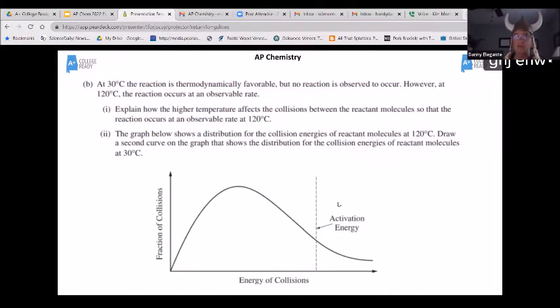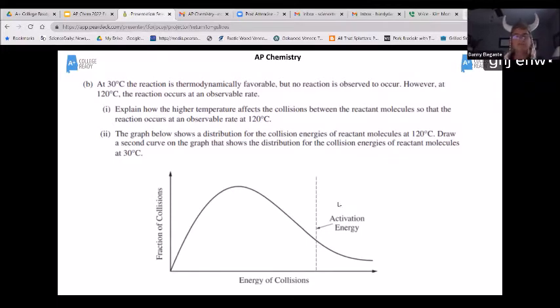So if you can get to the activation energy, thermodynamically favorable, nature says, yes, I want this to happen. It should happen, right? At 30 degrees, it's favorable, but you don't see it. At 120 degrees, the reaction occurs at an observable rate. So cold, you don't see it. Warm, you do see it.